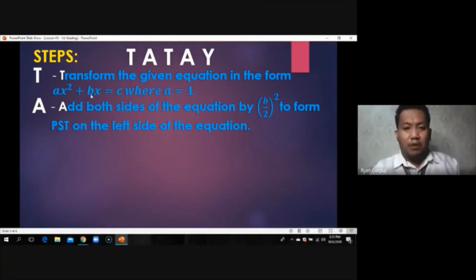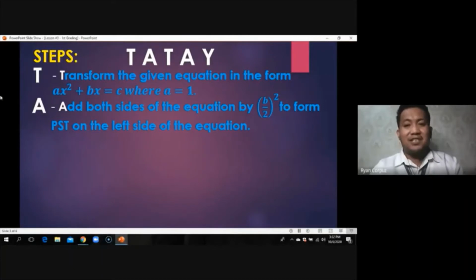So itong b na to, whatever number is the value of that, just divide it by 2, then square that number. That would be the number to be added on both sides of the equation. On both sides pa rin tayo, it's because since we are still dealing with an equation, again, whatever you do on one side, you will also do on the other side.